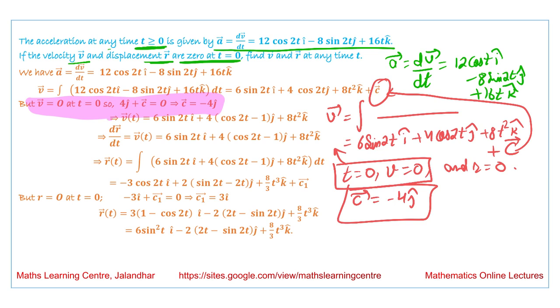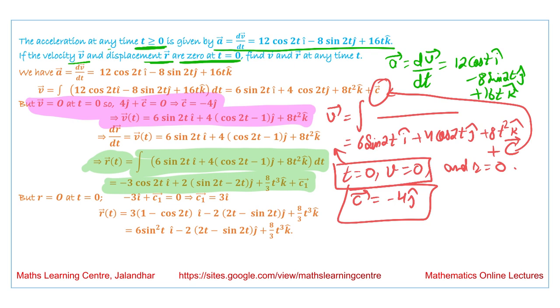So this gives us the value of v vector equal to this. Now from this velocity vector, we can calculate the displacement vector by integrating it. We have integrated this equation, and by integrating we obtain another constant, say c1.